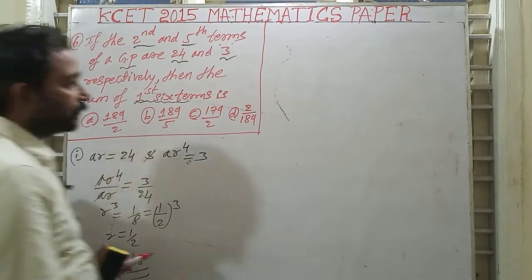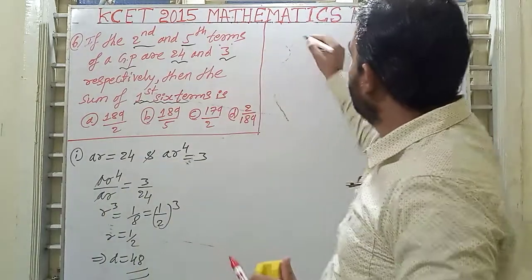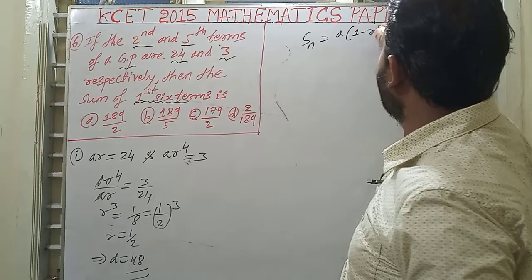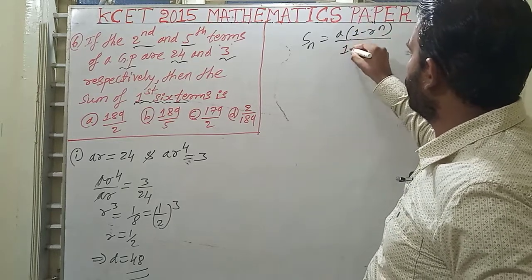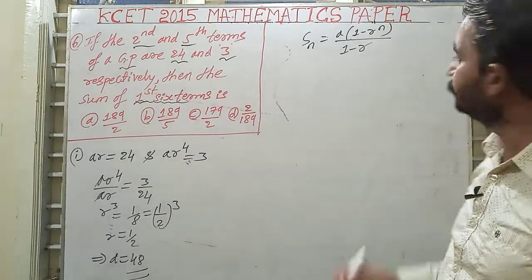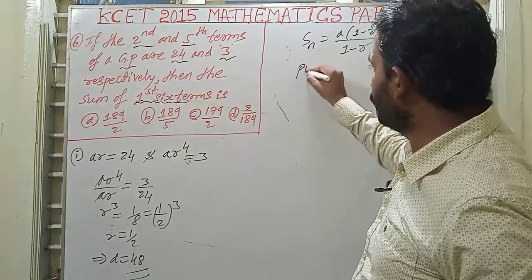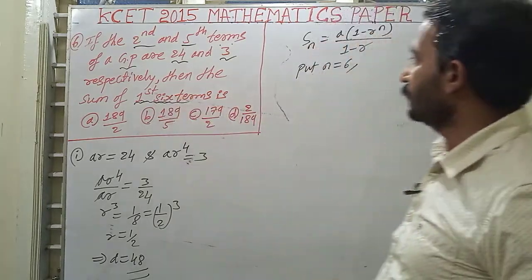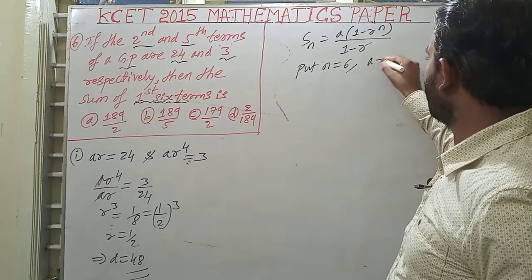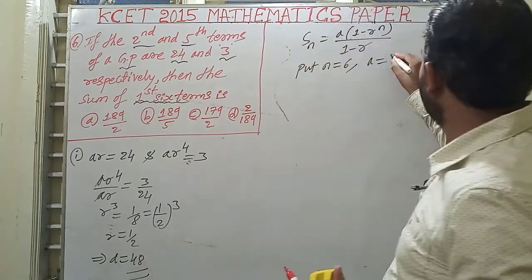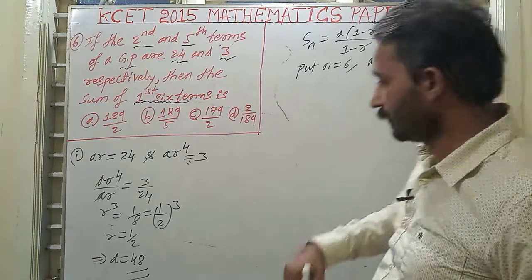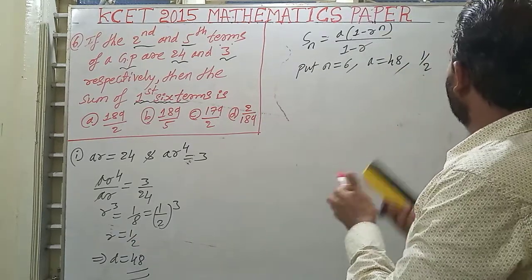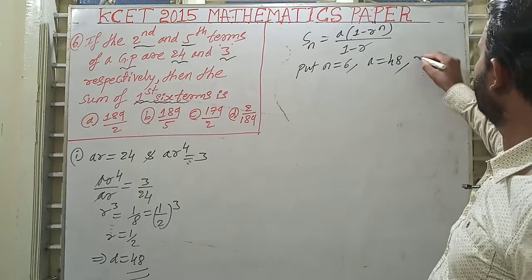Using the formula Sn is equal to A into 1 minus R to the power of n divided by 1 minus R, put n is equal to 6 because we have to find 6 terms, with A equal to 48 and R equal to 1 by 2.